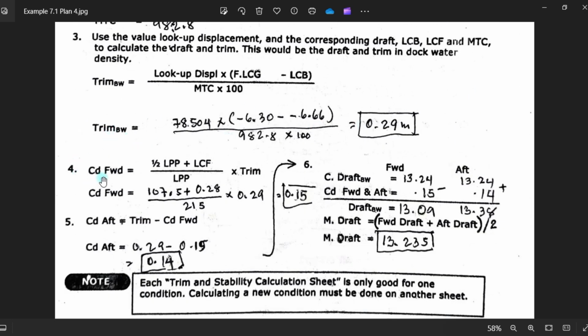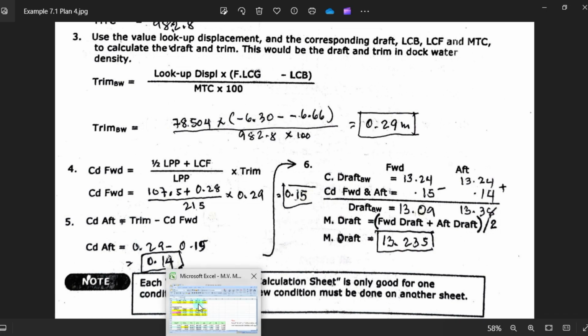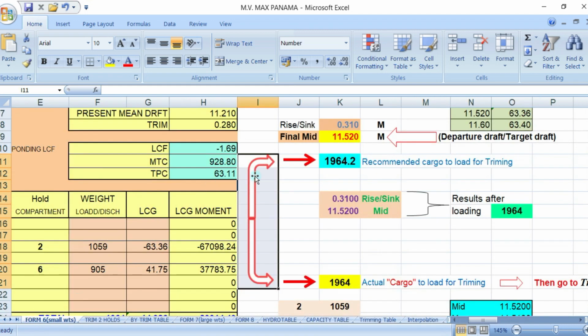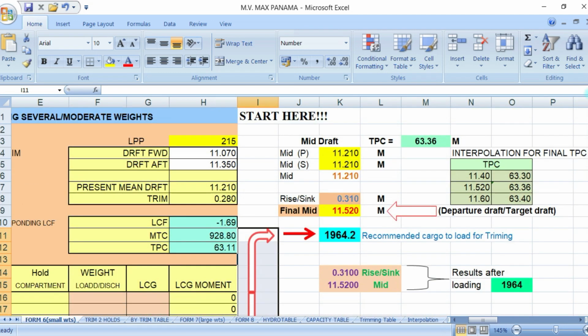All you have to do is to get the forward draft. The change of draft forward formula is 1/2 LPP plus LCF over LPP times your trim. How much is your LPP? Your LPP is 215.